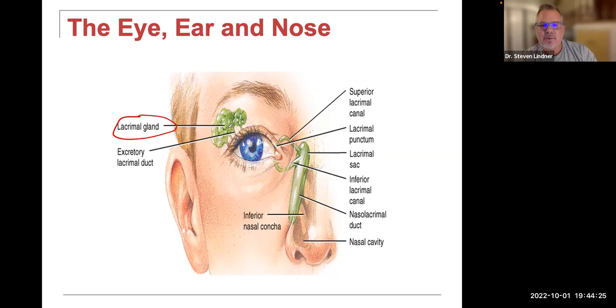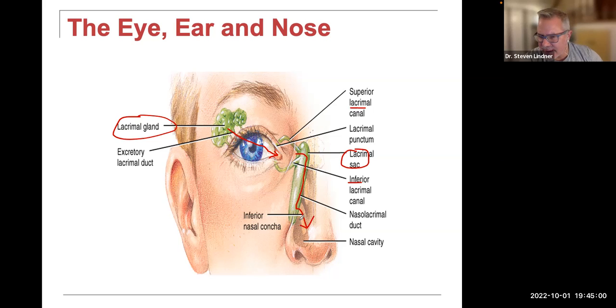And what's going to happen is the tears are going to go from that superior lateral into the inferior medial portion, and then it's going to drain into these canals, the lacrimal canals, whether it be the superior or the inferior lacrimal canal, will find its way into the lacrimal sac, and then those tears are going to move on down in here, right into the nose, into that inferior nasal concha.